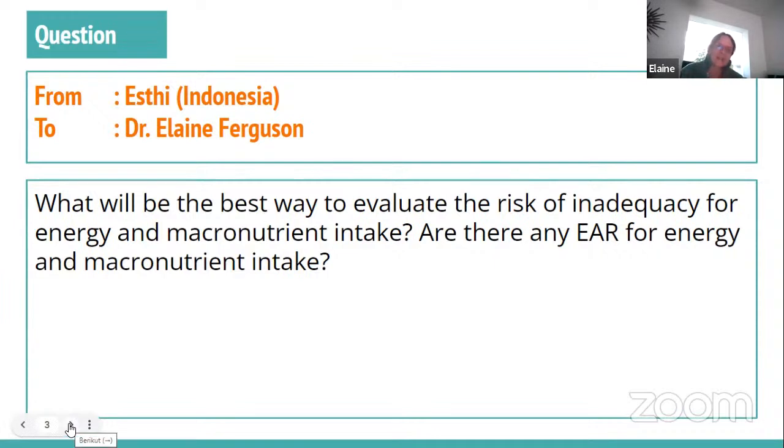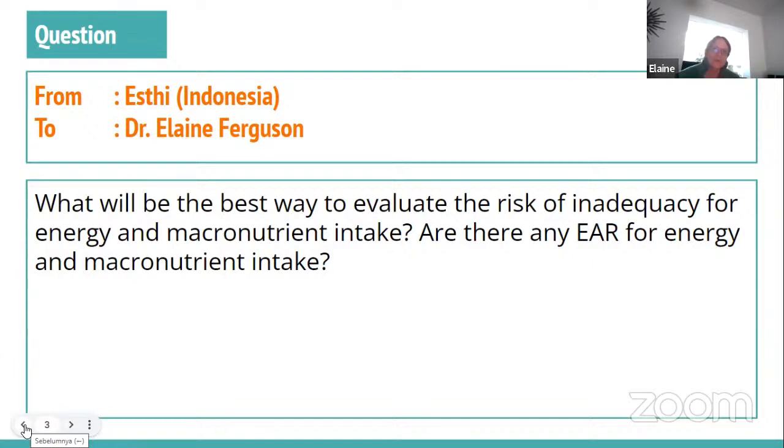So there are two things we'd be looking at: how thin is the population, as compared to what we would expect their requirements would be, because you can use equations to estimate the requirements of individuals in a population.